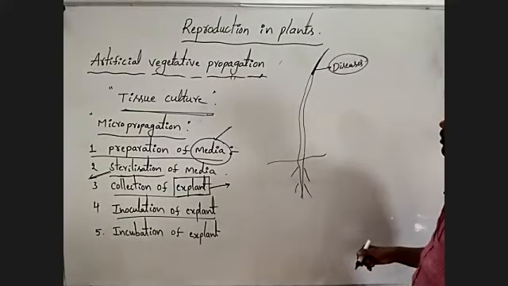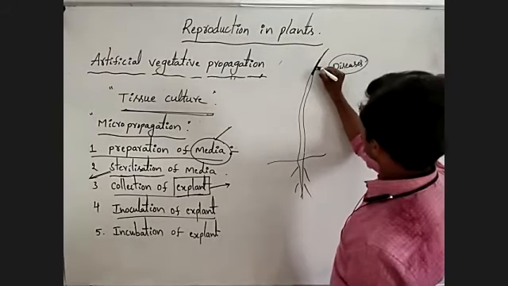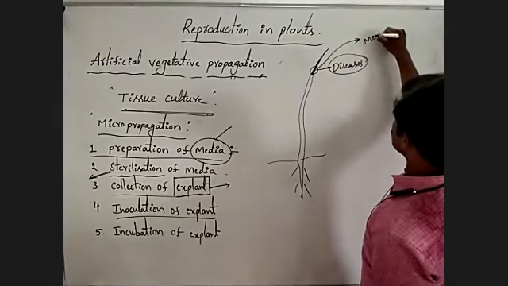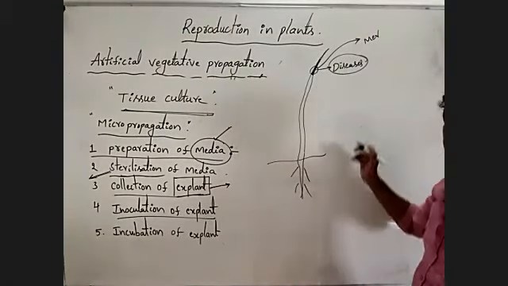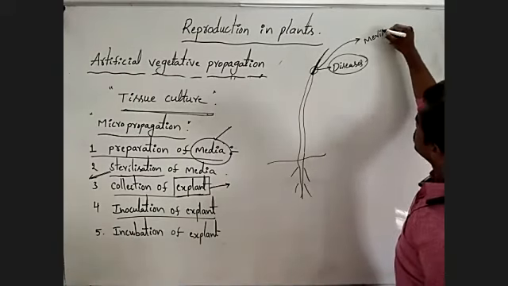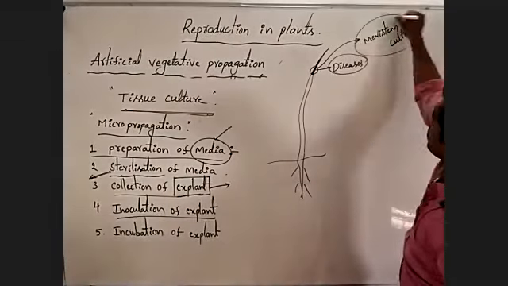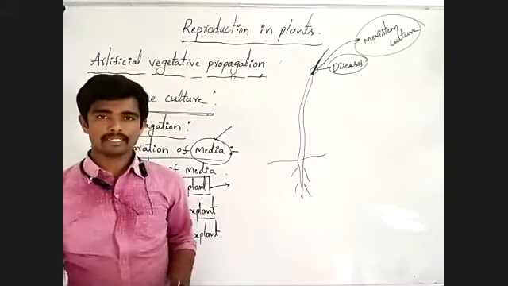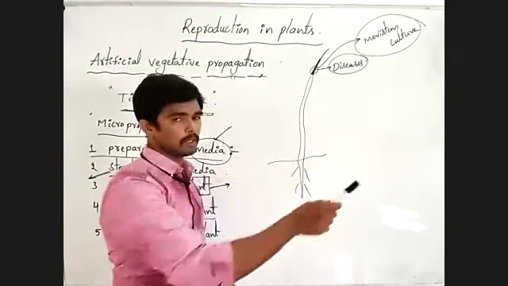Now, when we collect these meristematic tissues for tissue culture, what will happen? We can produce a disease-free plant. Means by meristem culture, we can produce a disease-free plant from the diseased plant.